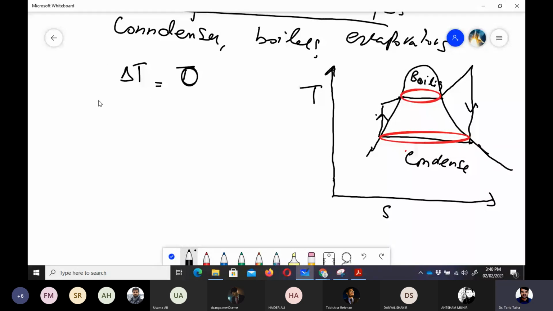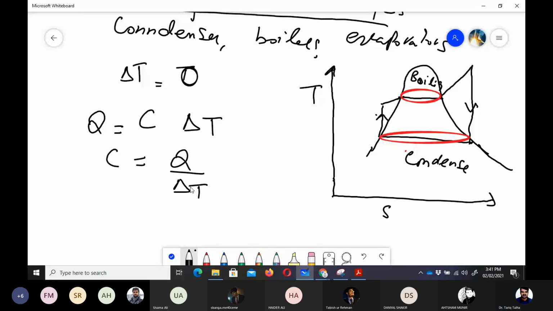You can easily see, if we write that Q is equal to C into delta T, which is the formula, where C is the heat capacity rate, then C would be equal to Q upon delta T. Because delta T is 0, C approaches infinity. So it means that the heat capacity rate for any phase change process would be approaching infinity.